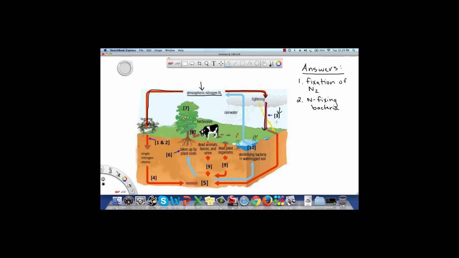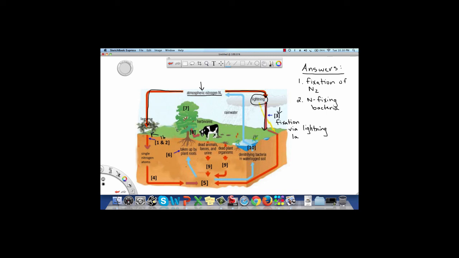One is with our nitrogen-fixing bacteria on the root of legumes, which is what's happening here. The other way is with lightning. Okay, so we have fixation via lightning happening here. If you go back through the PowerPoint slides, this would be shown as 1A, and this one is 1B.